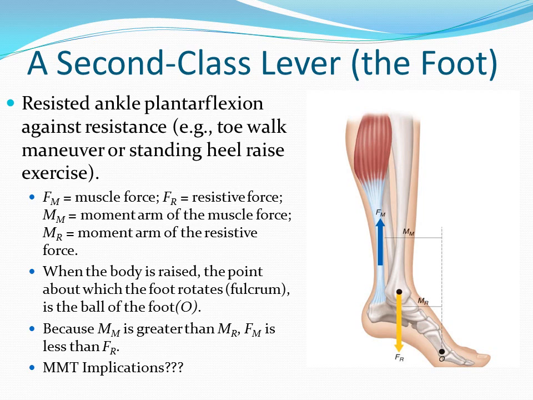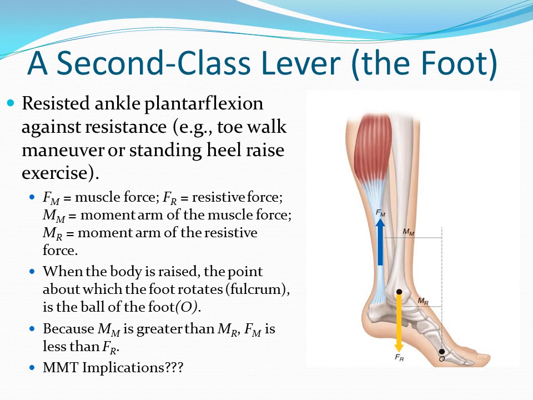The foot forms a second-class lever system, and so let's turn our attention here to the toe walk maneuver, which is actually nothing more than resisted ankle plantar flexion. What's the resistance? The resistance is the weight of the human body. So let's consider a person who weighs 200 pounds, just to use round numbers.